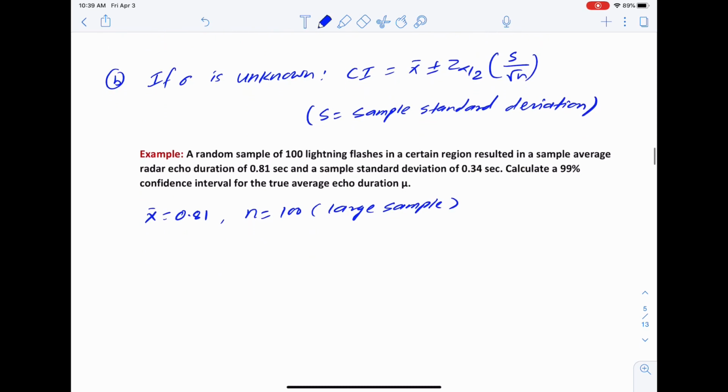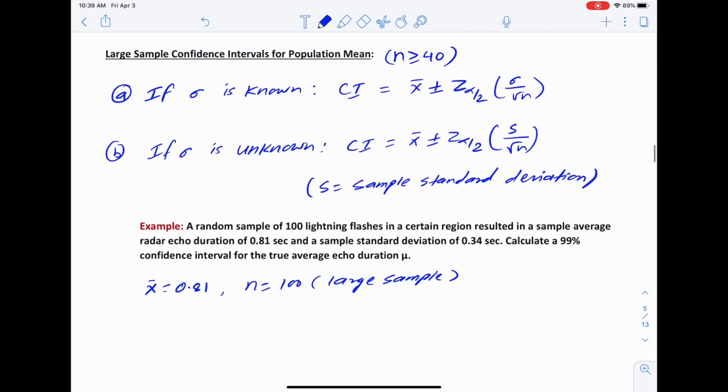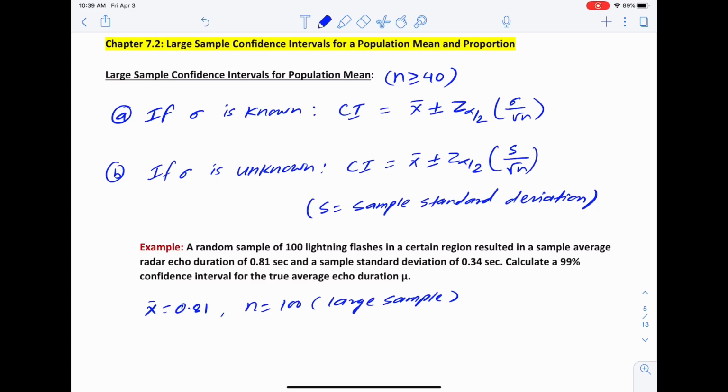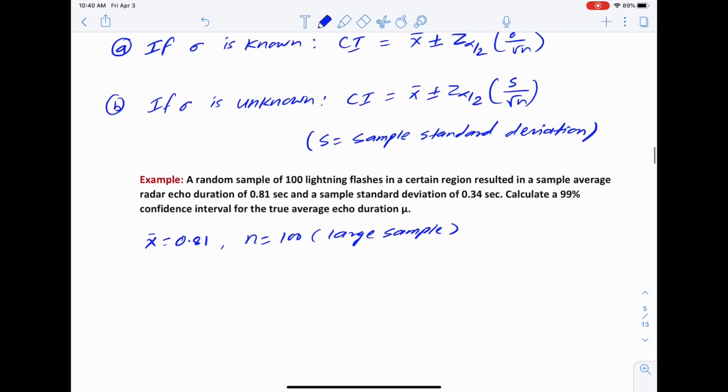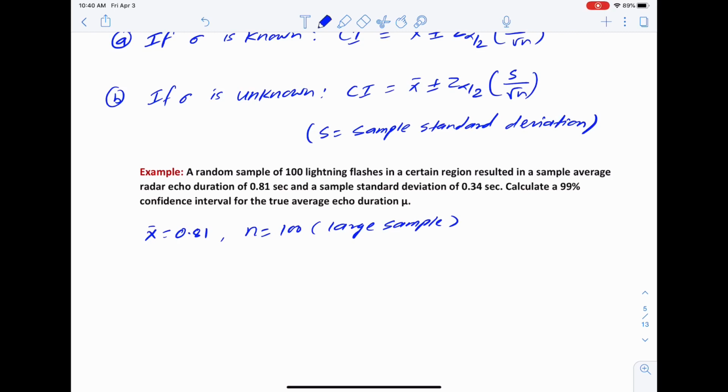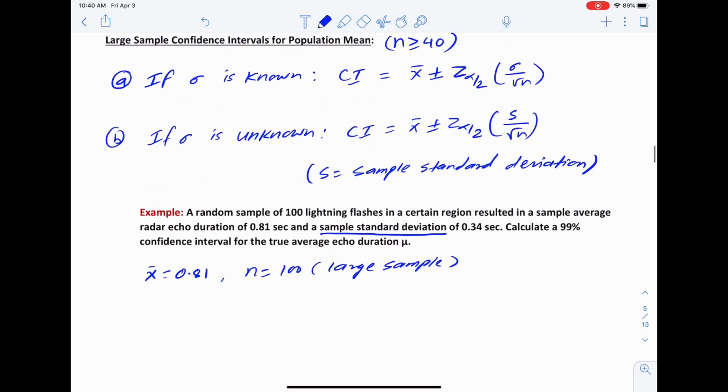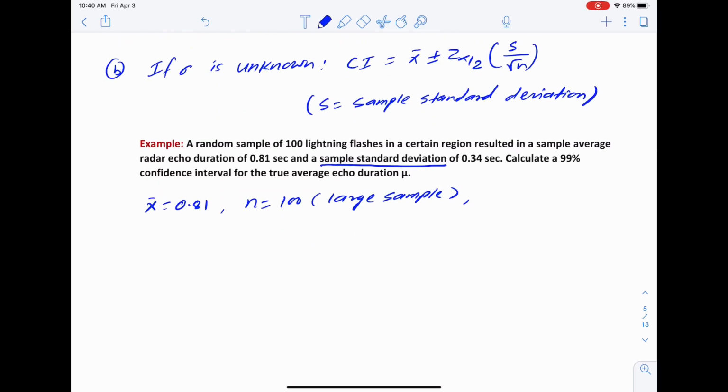So we can use these formulas. And the sample standard deviation is 0.34. Remember the keyword here: this is a sample, so we don't know sigma, and we use the second formula. So S is 0.34. The question is to find the 99% confidence interval.